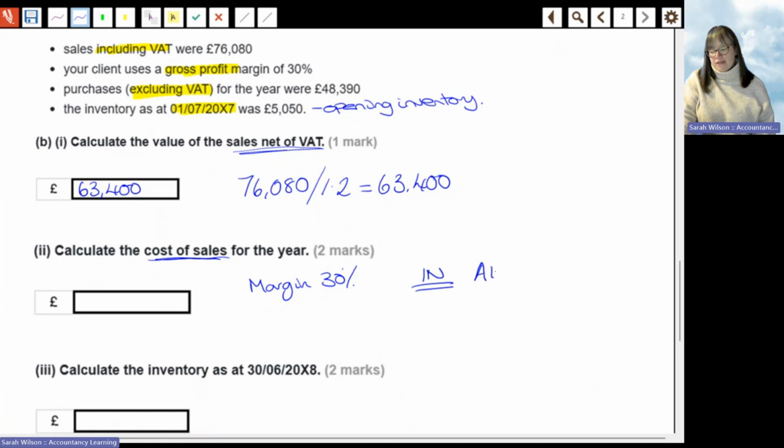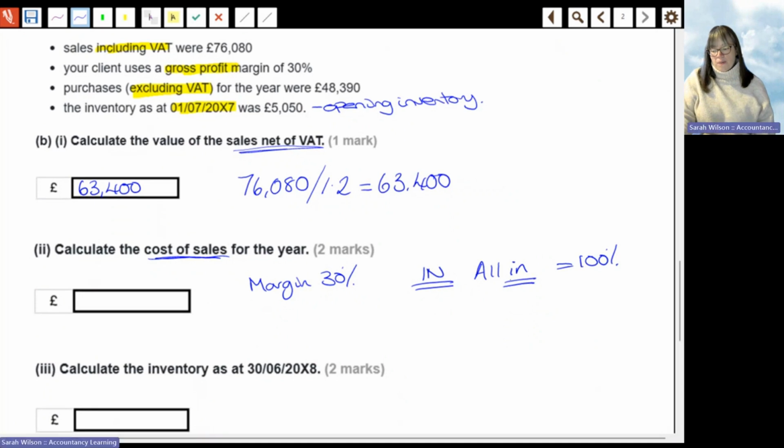So all in equals 100%. So because we're using margin, it means our sales are going to equal 100% and our cost of sales is going to equal 70% because our margin is 30%.